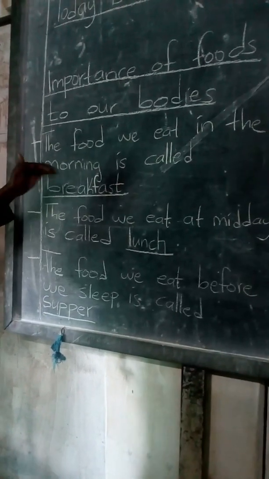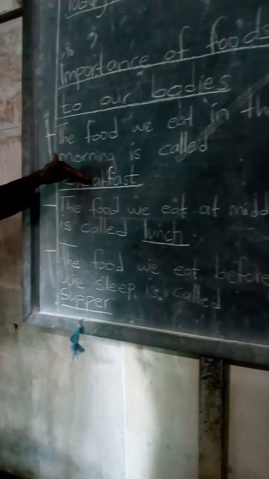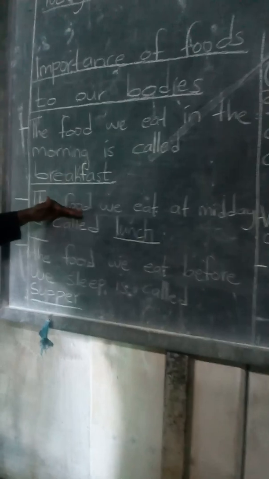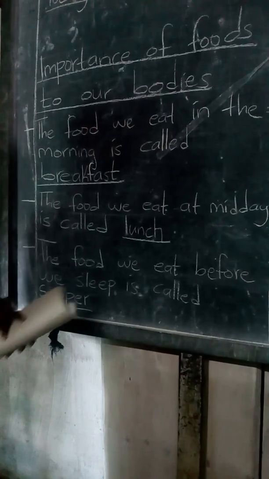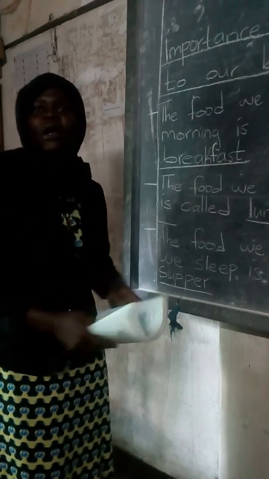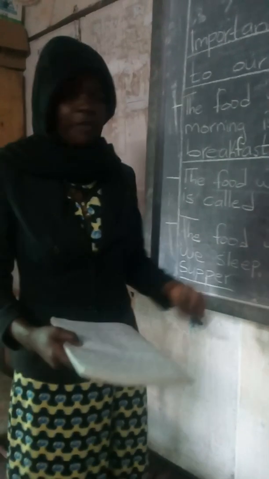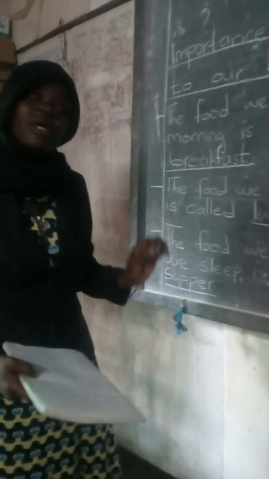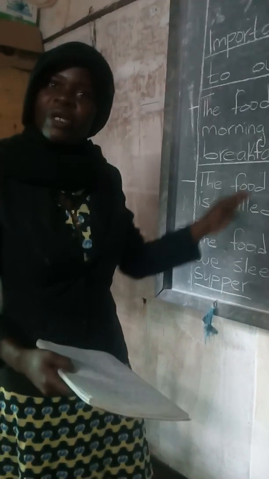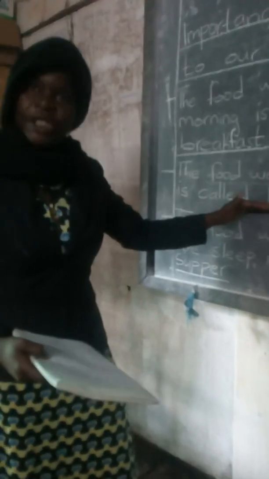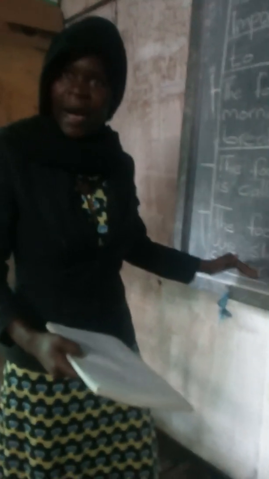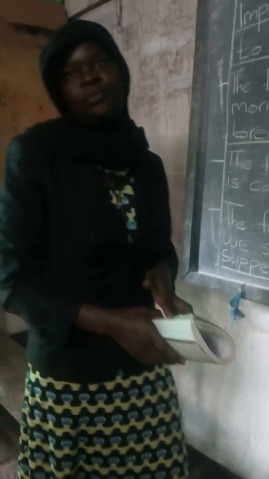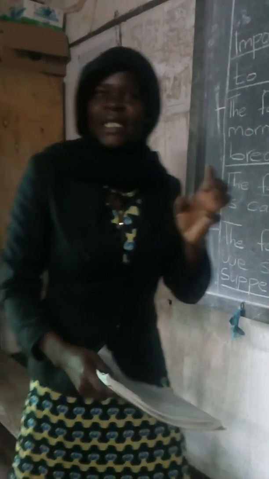And in between these meals, between the breakfast and lunch, there is some small food that we can eat when we feel hungry. This small food that we eat between breakfast and lunch, or between lunch and supper, is called snacks.